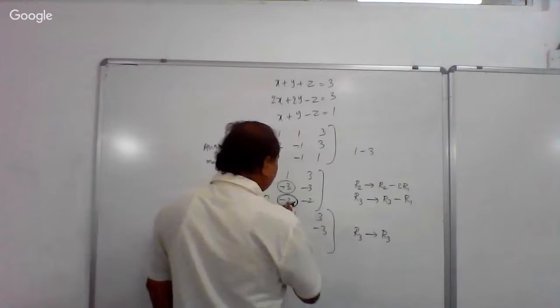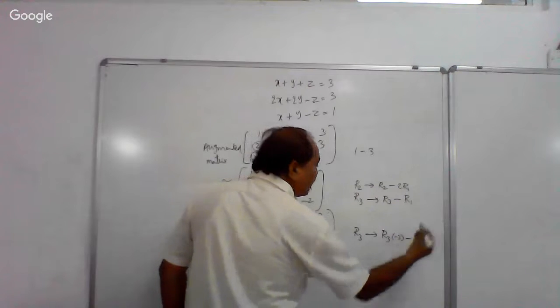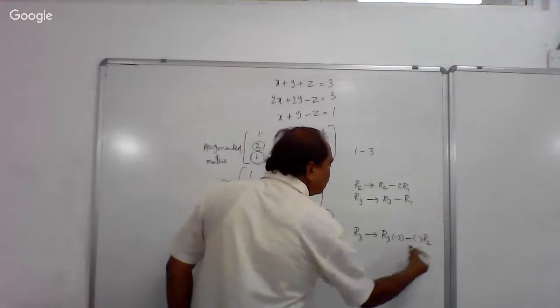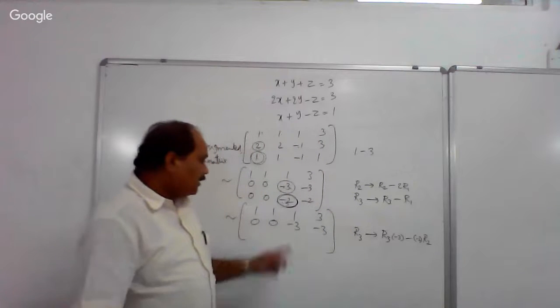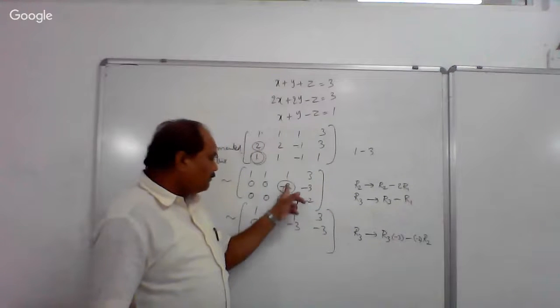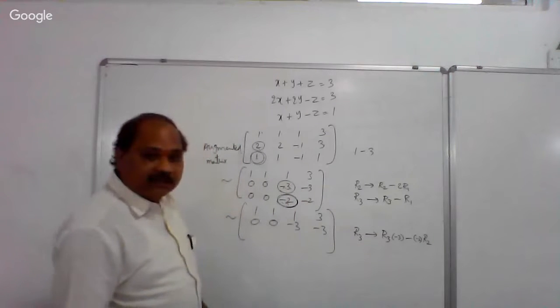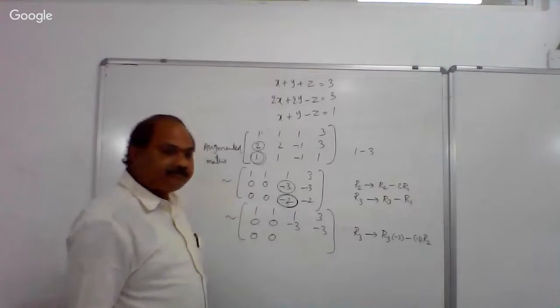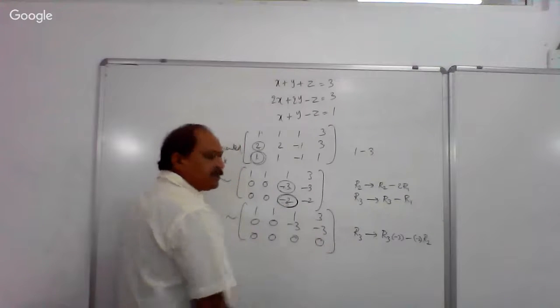Means R3 into minus 3 minus R2 into minus 2. Okay, multiply this row with minus 3, that row with this number. Now automatically here we have 0 0, here also 0, here also 0.